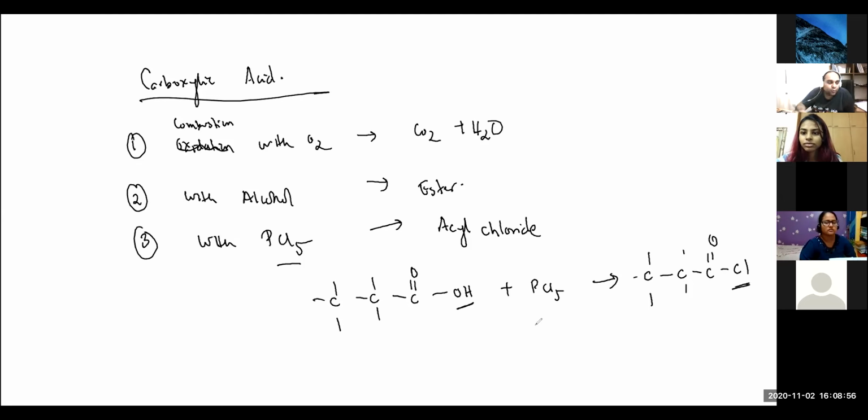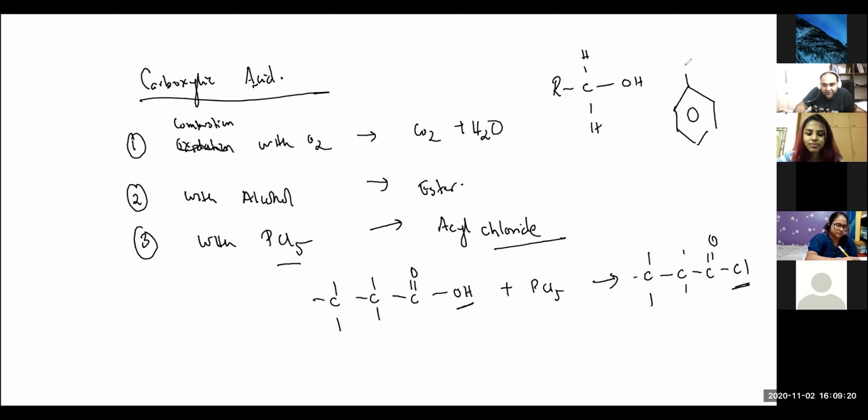And you might ask, why do we do this? To make it more reactive. Carboxylic acid by nature is not very reactive. Acyl chlorides are much more reactive than carboxylic acid. We studied alcohol, right? And this same thing, if you had a benzene ring, we call it a phenol.